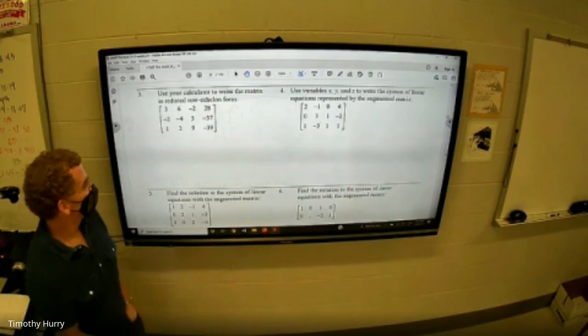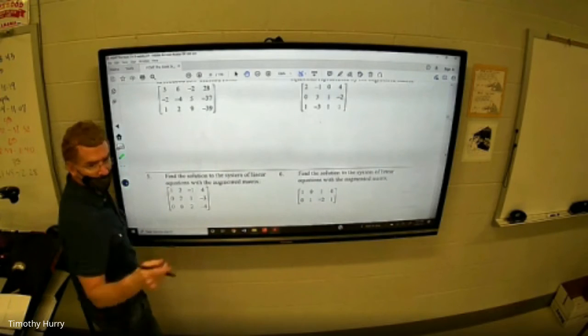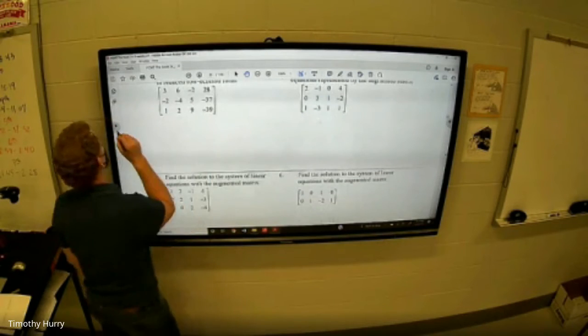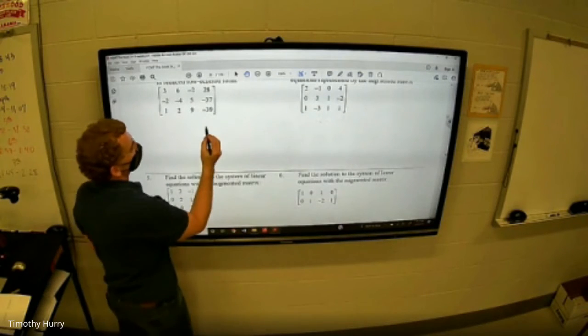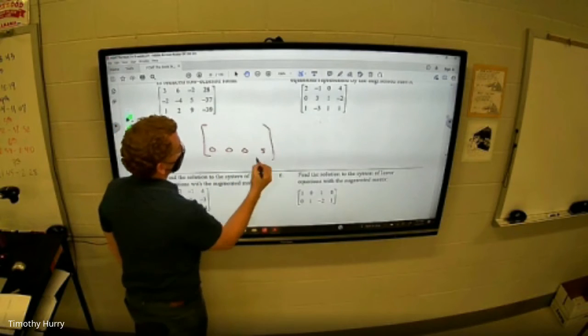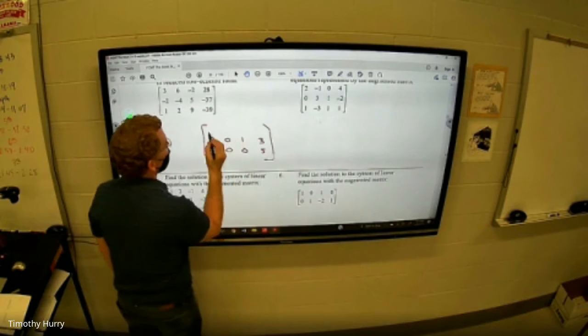Yes. Now, he said, would it be possible, and that happened when we were doing Gaussian elimination, right? He said, would it be possible to get on that bottom row this? Like what happens if something like this happens?